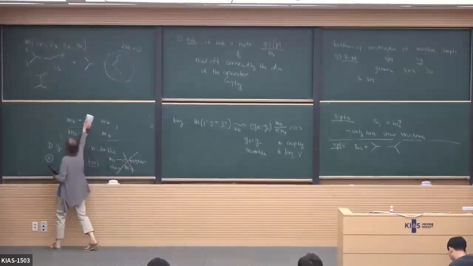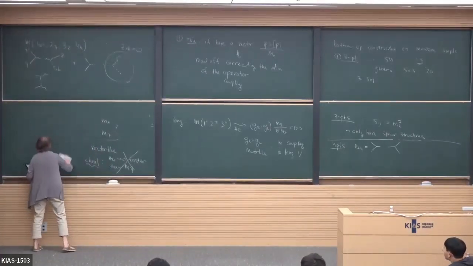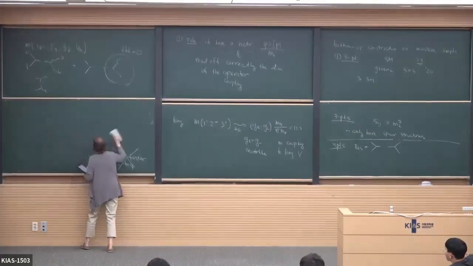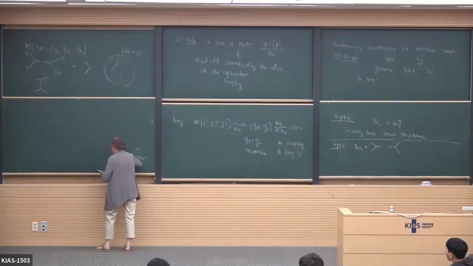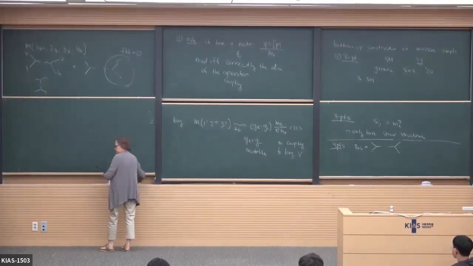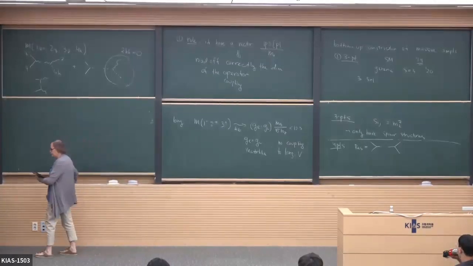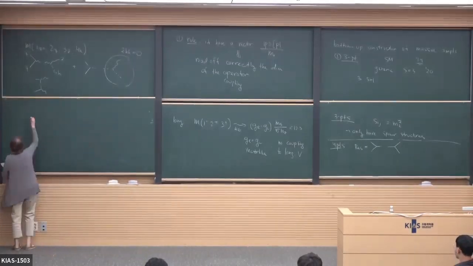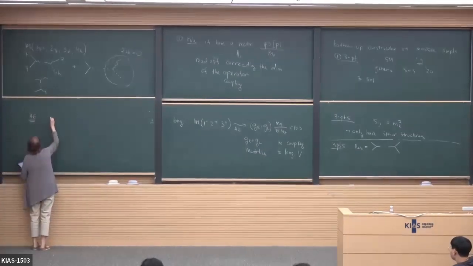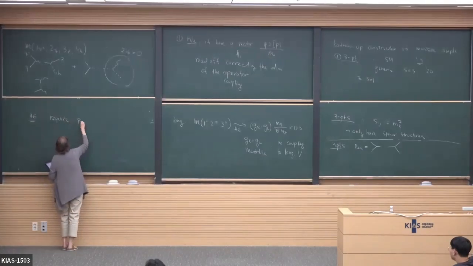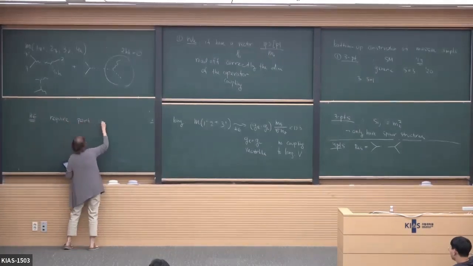But if you calculate the amplitude and then you take the high energy limit, then you find something interesting. So remember, in the high energy limit, we want to require perturbative unitarity.